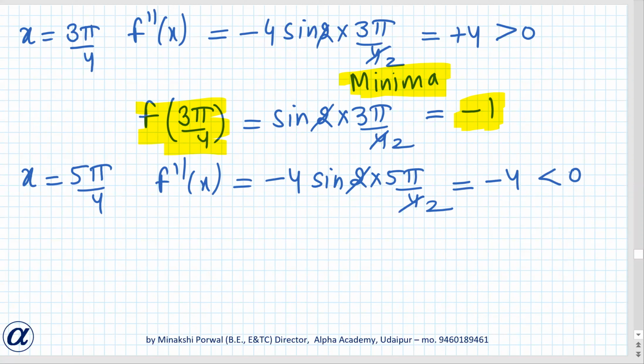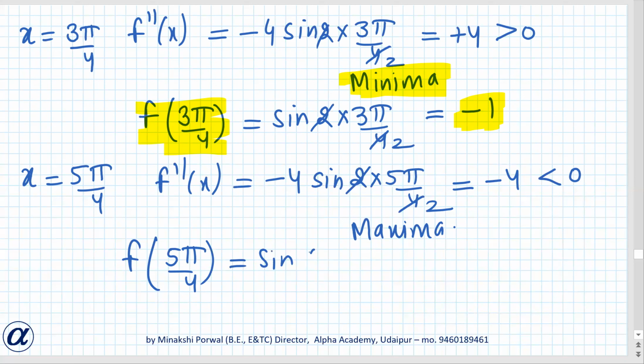So this is again a point of maxima, and the value of the function at 5 pi by 4 will be sine of 5 pi by 4 into 2, so it is 5 pi by 2, that is equal to plus 1.